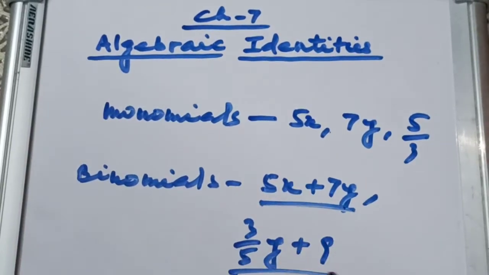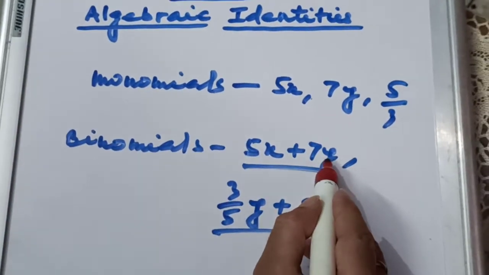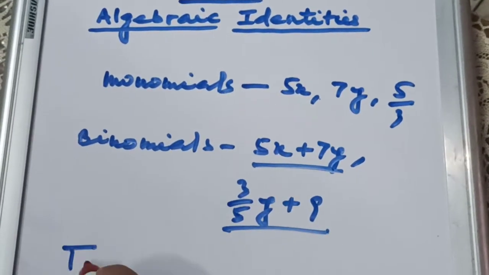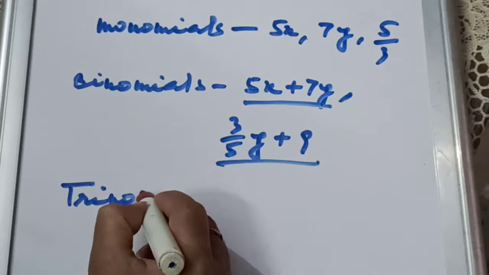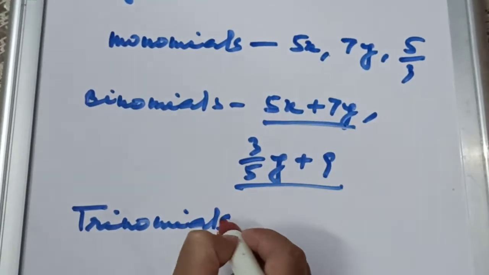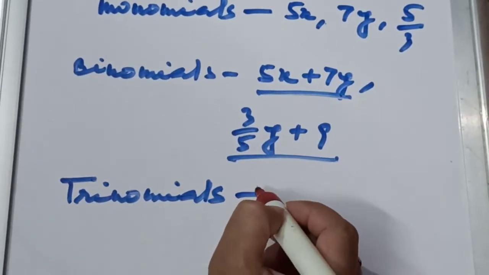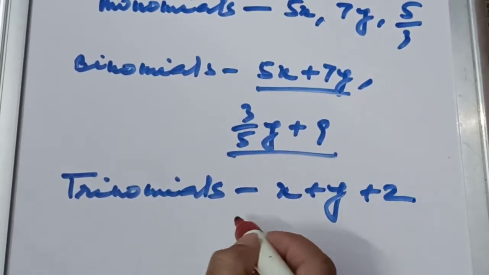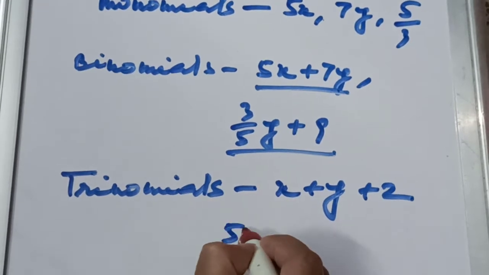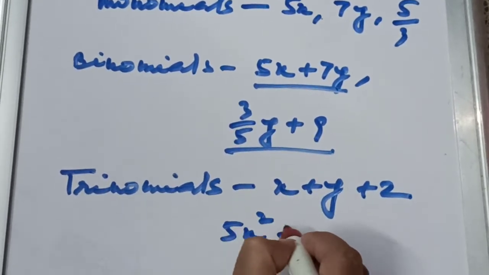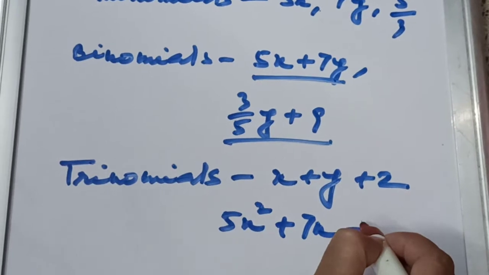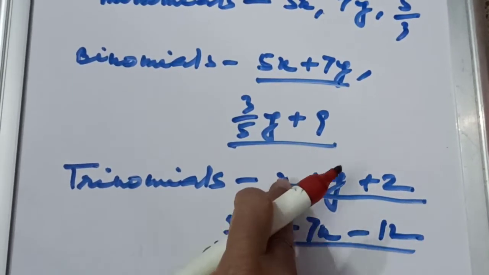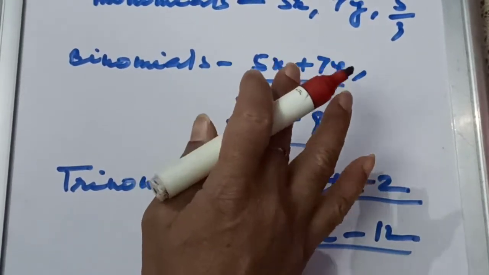Two terms, one term and another term. Trinomials consist of three terms: x plus y plus z. Anything you can write, 5x square plus 7x minus 12. It consists of 1, 2, 3, three terms.